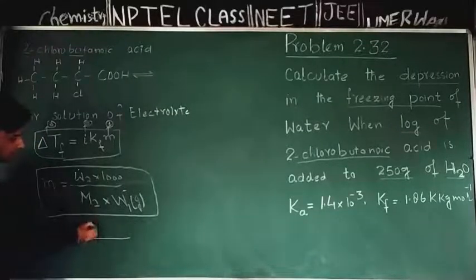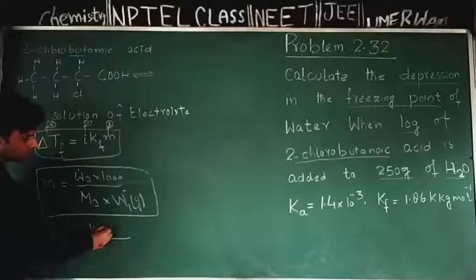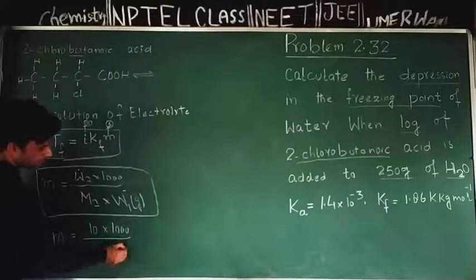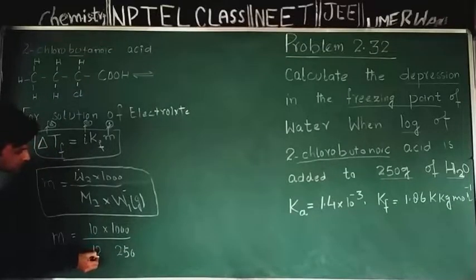10 gram of 2-chlorobutanoic acid is dissolved in 250 gram of water, and its molar mass is 122.5.